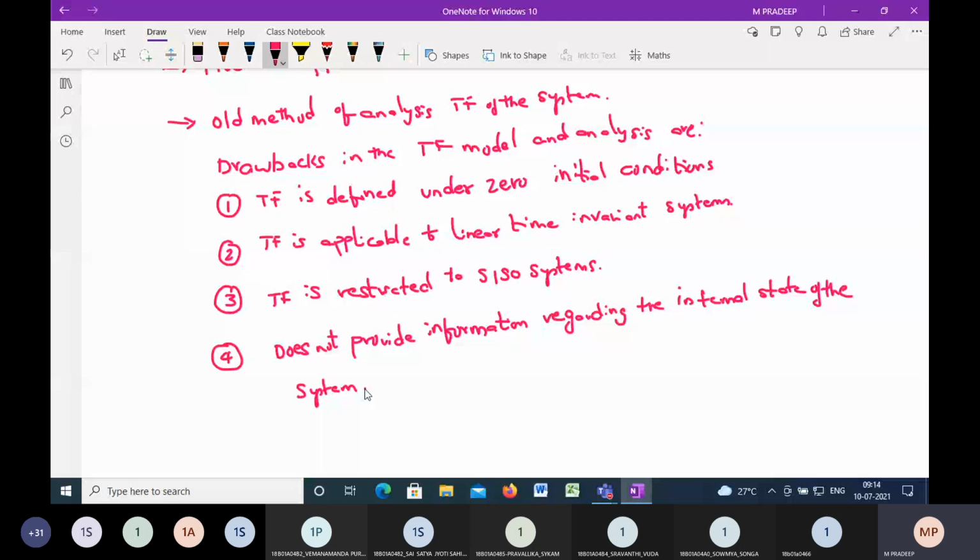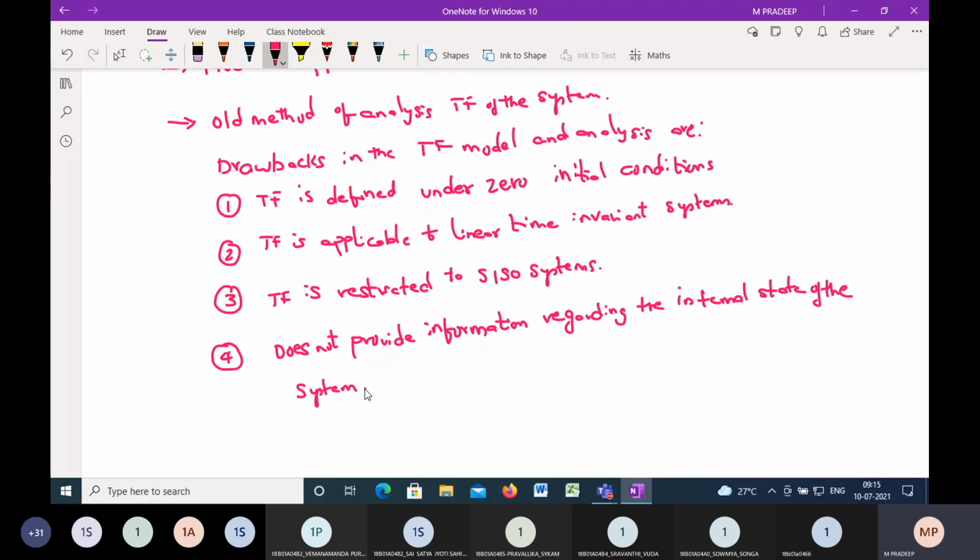The first drawback is that the transfer function should be defined only under zero initial conditions. The second drawback is that the transfer function should be applicable only to linear time invariant systems. The third is that the transfer function is restricted only to single input, single output systems. And the fourth drawback is that it does not provide any information regarding the internal state of your system.